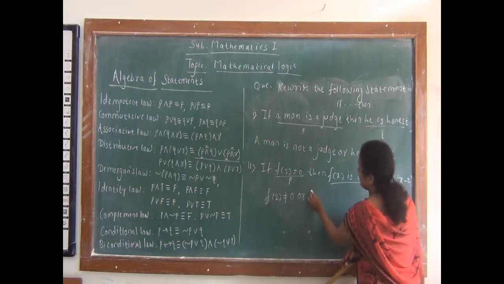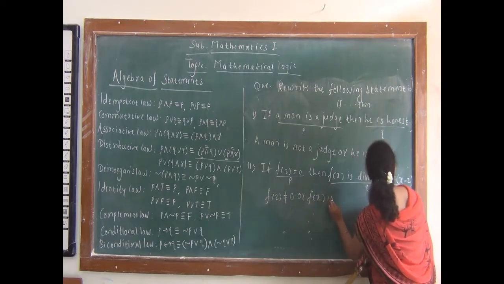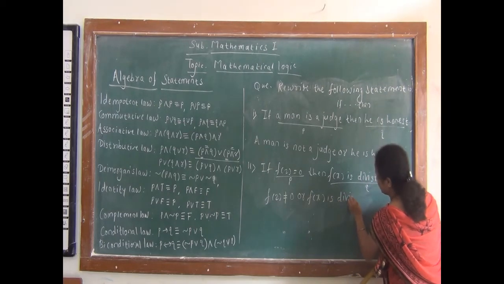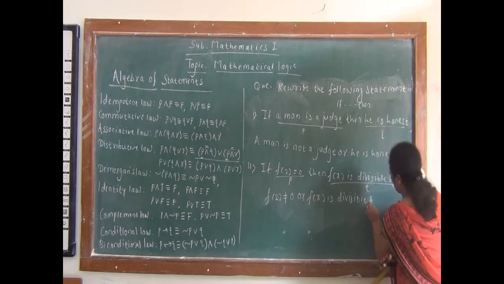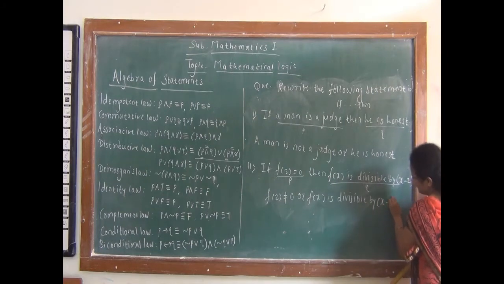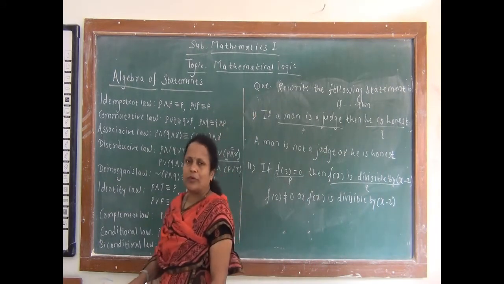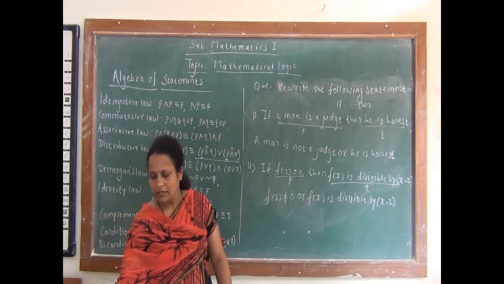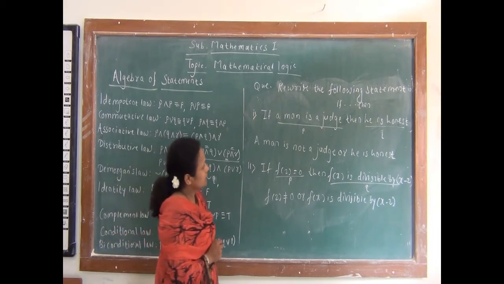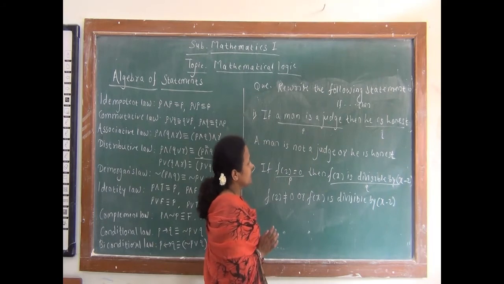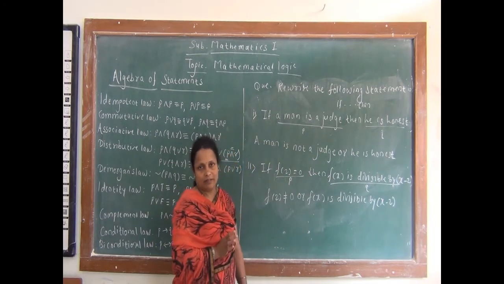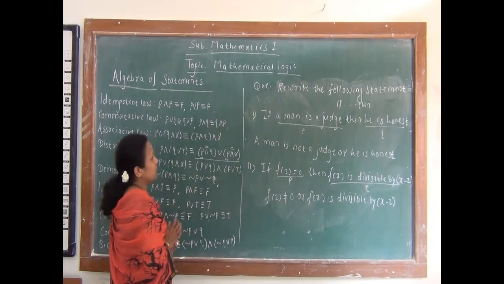Write Q: f(x) is divisible by x minus 2. So for MCQs and very short answer questions, this question is important, that is, we rewrite the given statement without if then by using this conditional law.